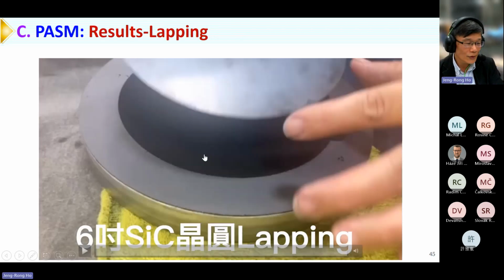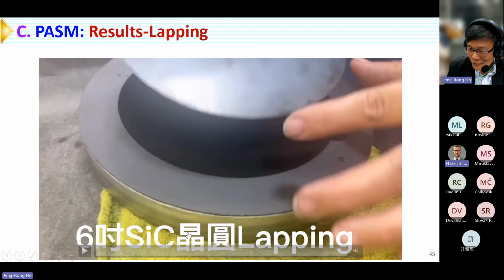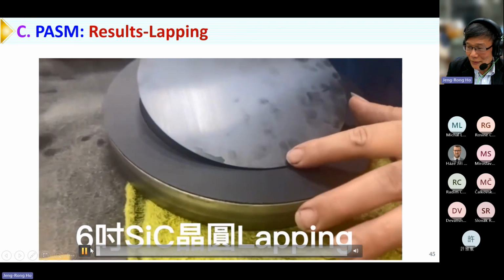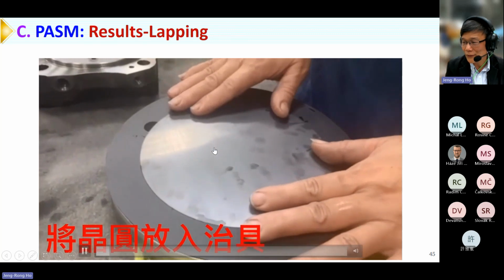Okay, then we also conducted only two experiments for 6-inch silicon wafer lapping. And this one is lapping a whole 6-inch silicon wafer.